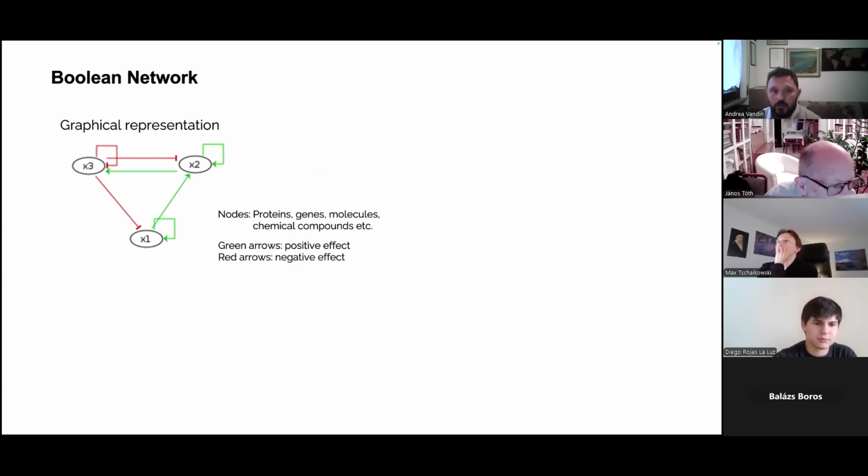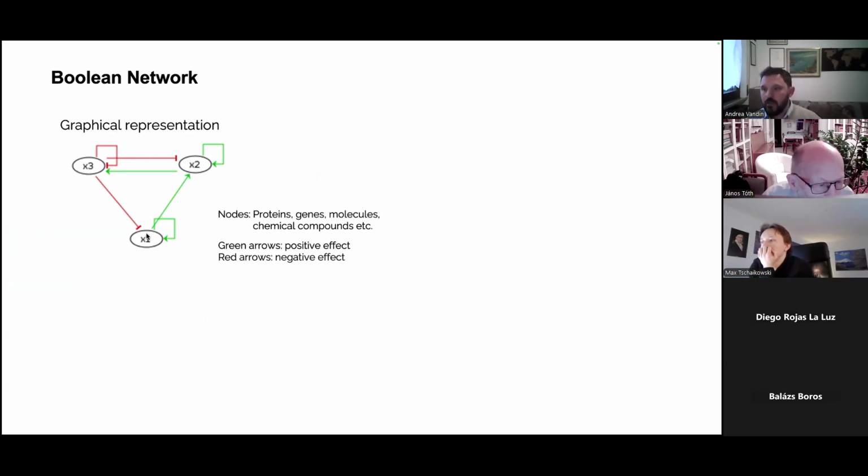So Boolean networks. Before getting to Boolean networks, I need to tell you about influence networks, which are also known as signed graphs, signed directed graphs. Here I have three variables, and let's say biologists don't know specifically how these three species evolve.